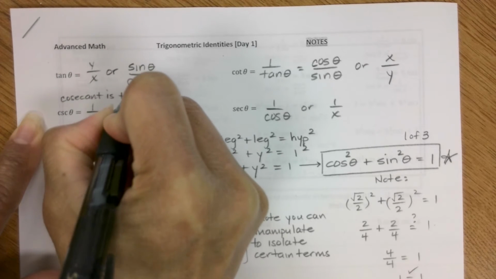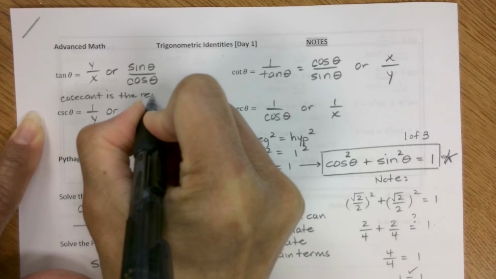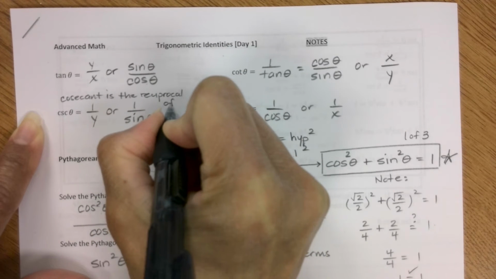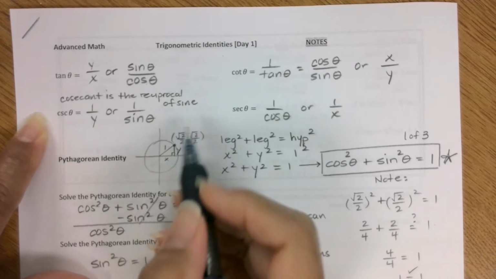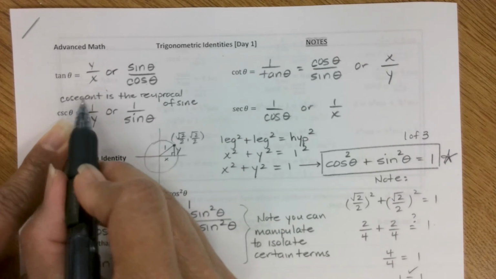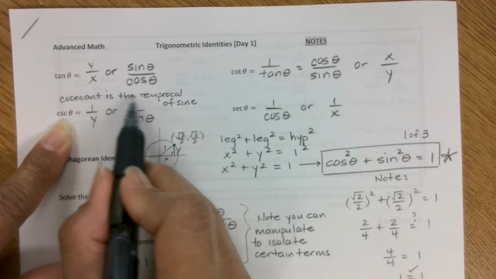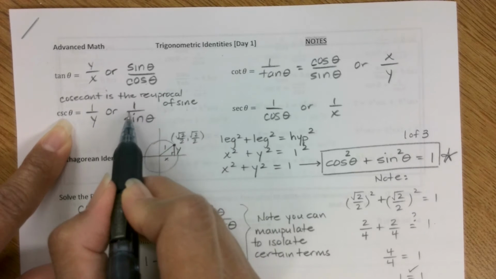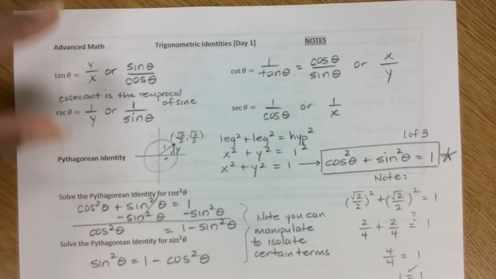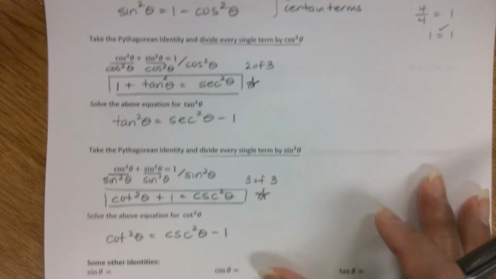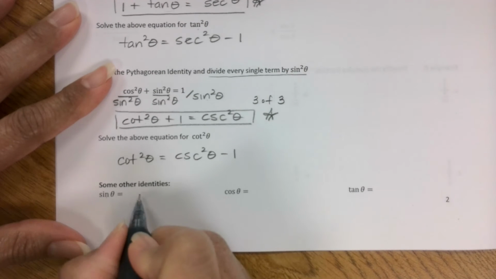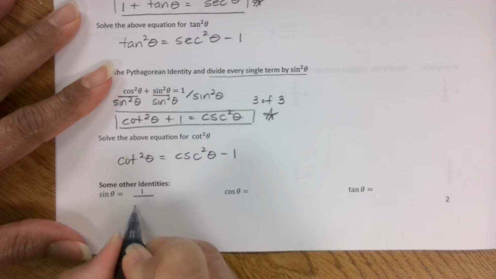Cosecant theta equals 1 over sine theta is this phrase: cosecant is the reciprocal of sine. I can also rewrite it as sine is the reciprocal of cosecant.